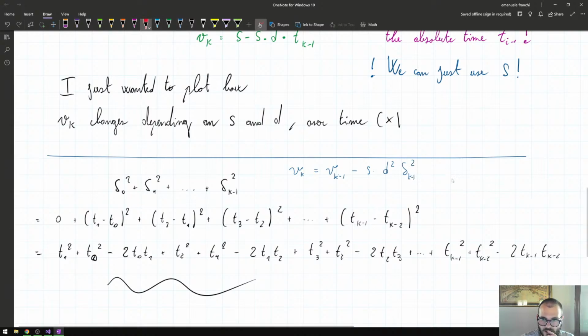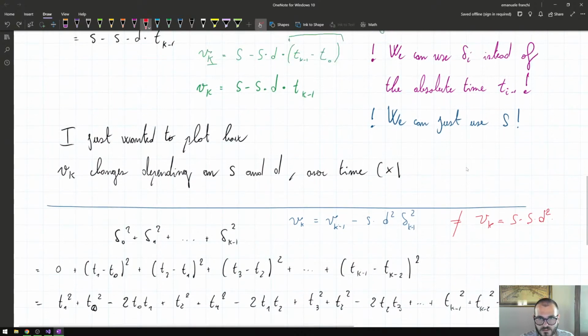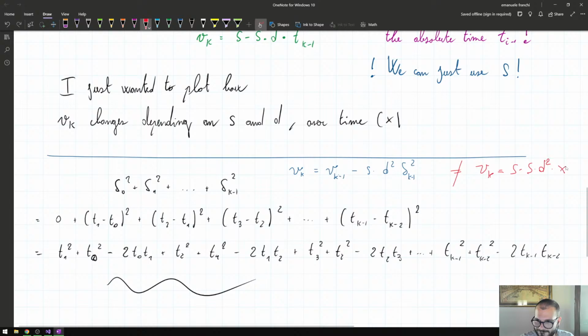But the problem is that it's not, allow me to abuse some notation, vk equals s minus the start times the damping factor squared times the x squared.